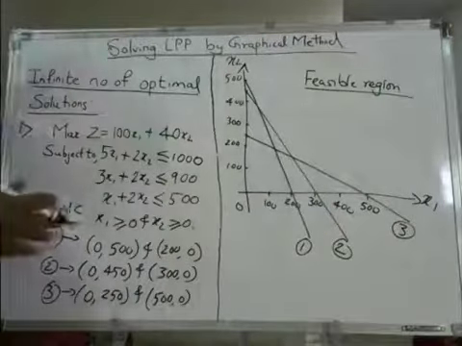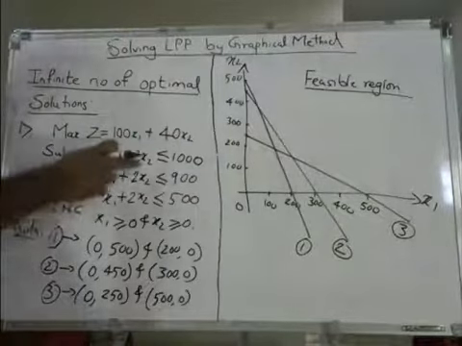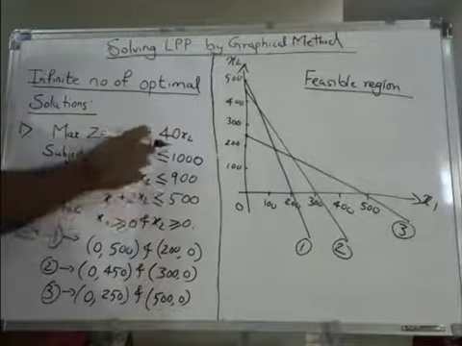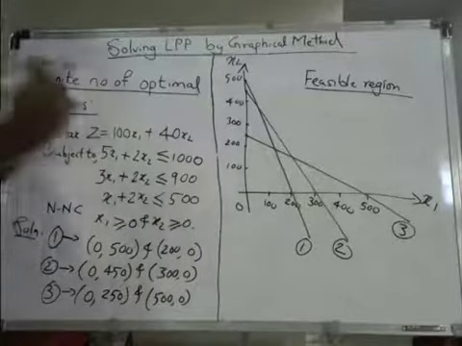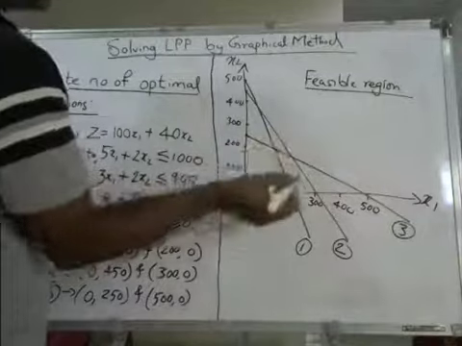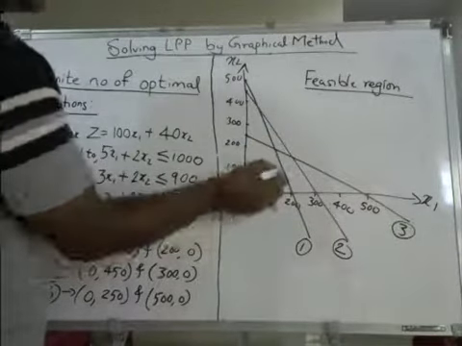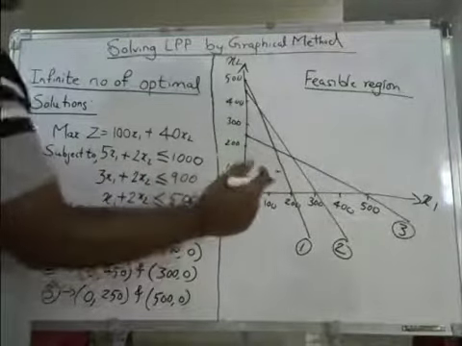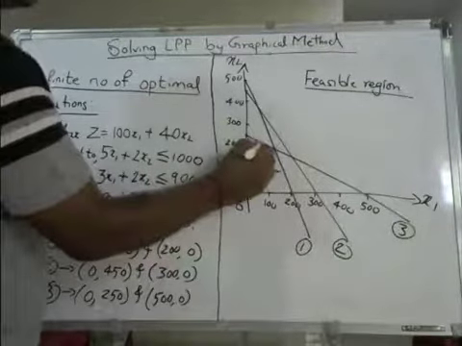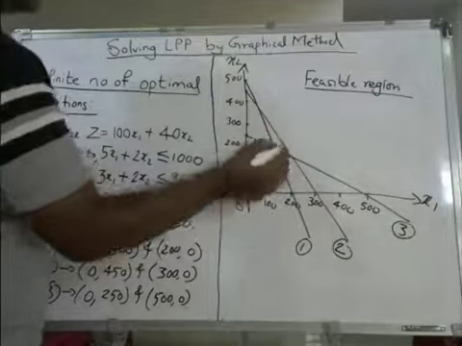Now, to find out the feasible region, as we already know, we have to see the inequalities. Now, all the equations have a less than or equal to sign. That means equation number 1 says that the feasible region is below this, and 3 says below, and 2 says below.